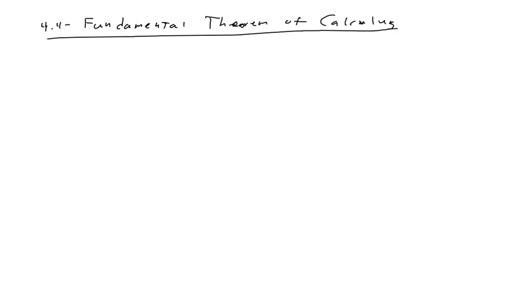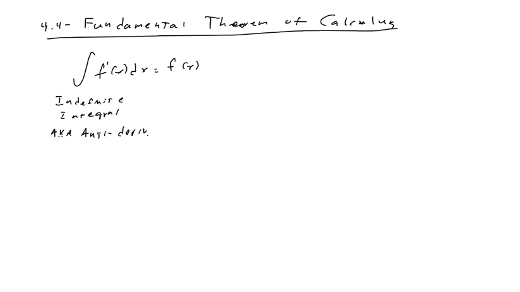We have two integrals that we have done so far, right? The first integral, called an indefinite integral, is aka an antiderivative. If you have a derivative in there, f prime dx, you get back the original equation plus c.